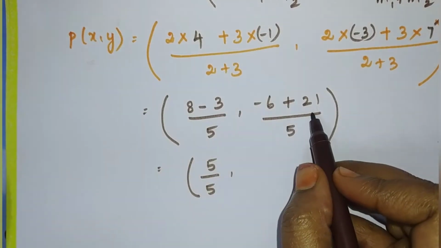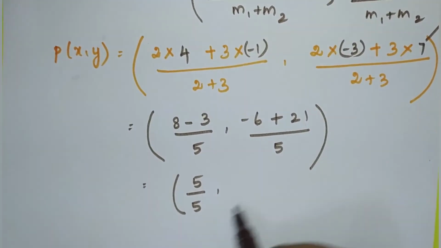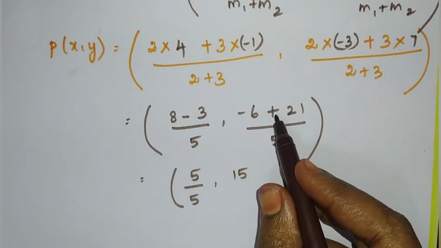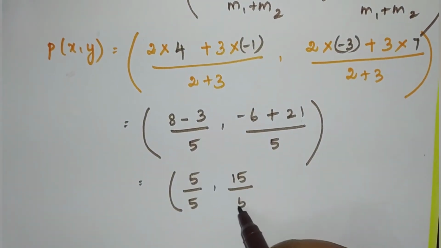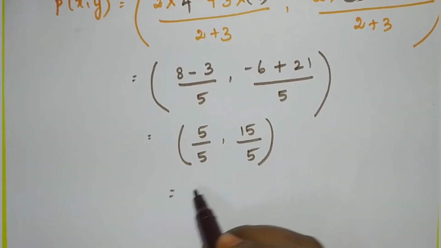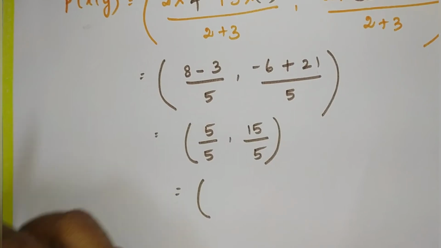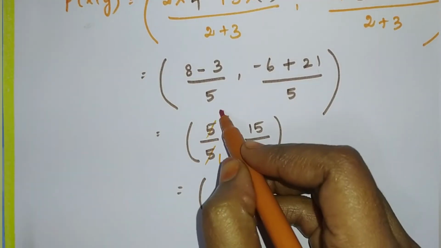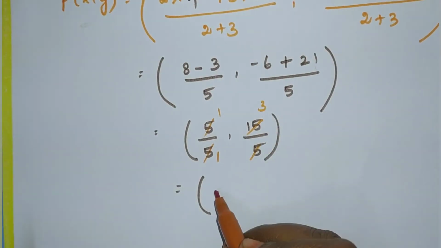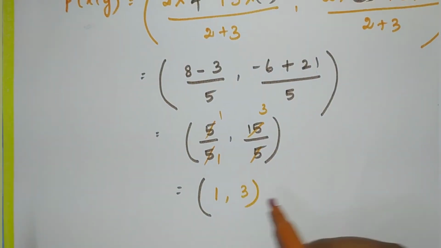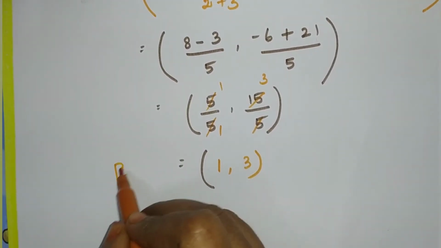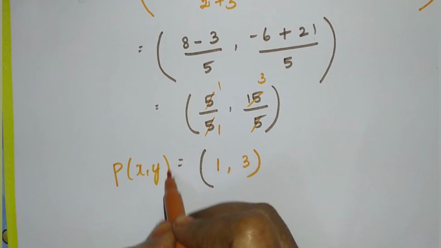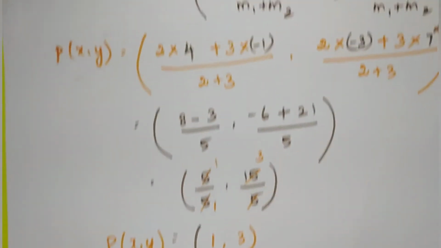Next, -6 plus 21 is 15. The bigger number's sign is positive, so plus 15 by 5. If you can cancel, you can cancel it. Then the point is 1 comma 3. The dividing point P of x comma y is 1 comma 3.